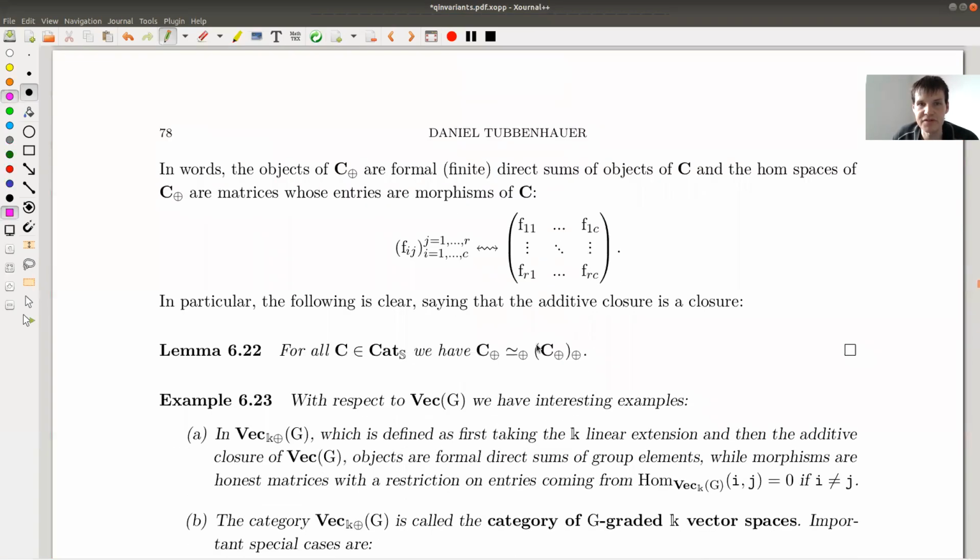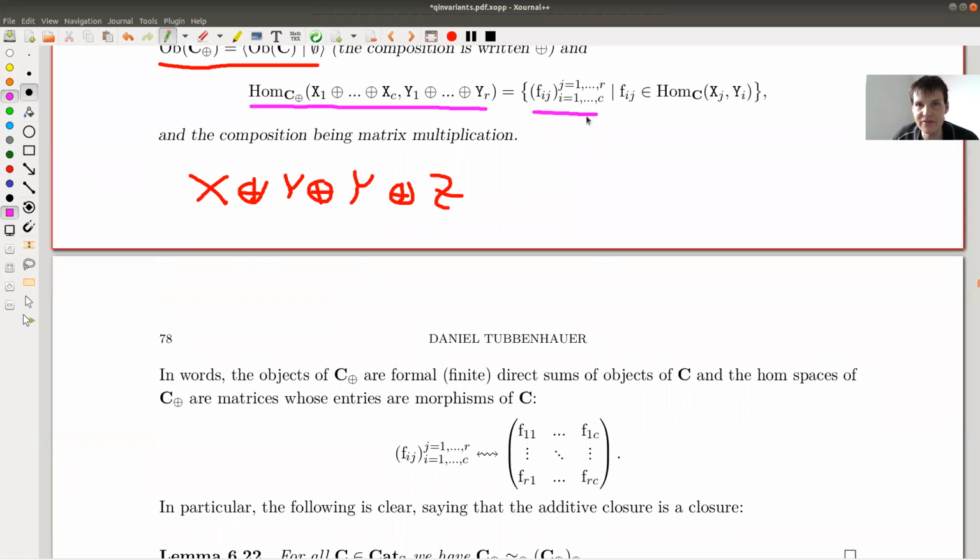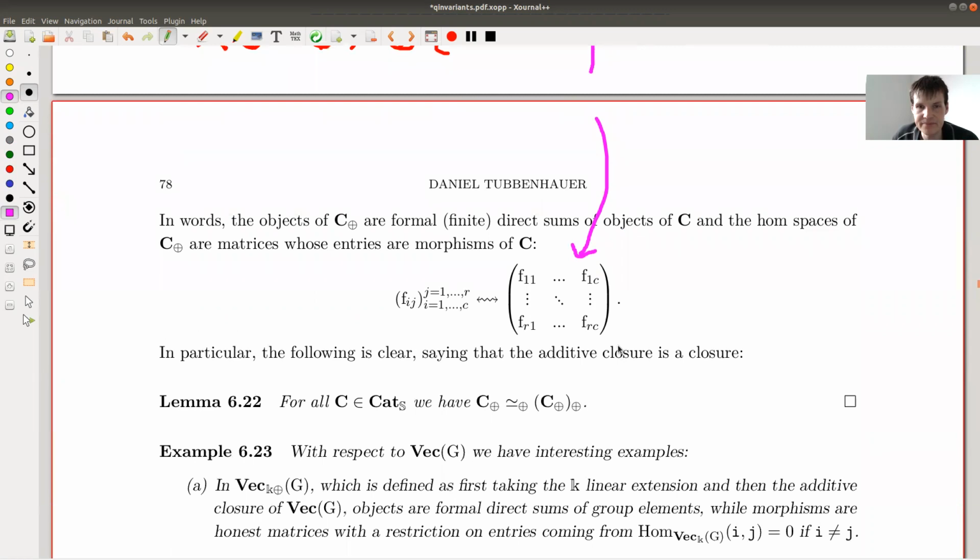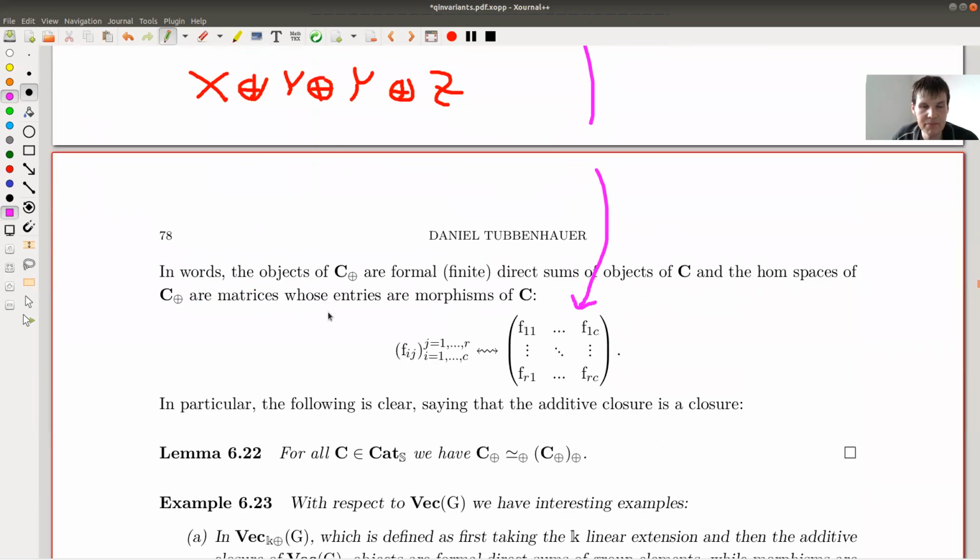Let's see how this works. Let me give you an example. If you have X plus Y, this would be a new object, and I could go to Z, where X, Y, and Z are objects from our original category.